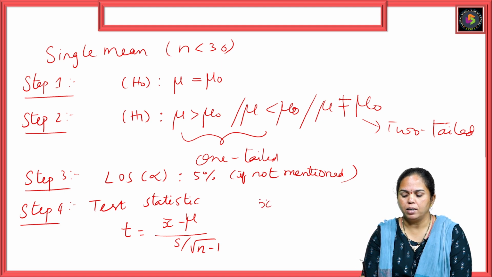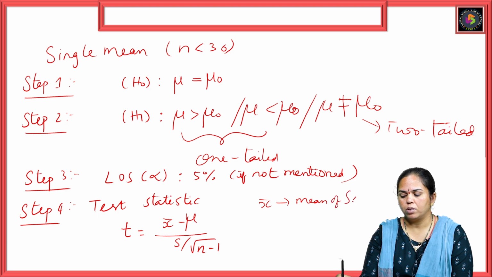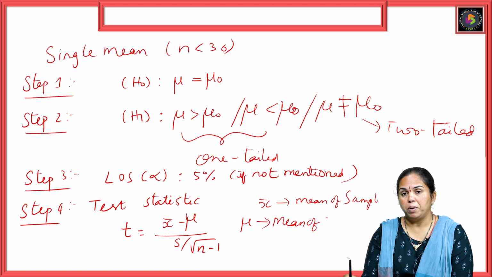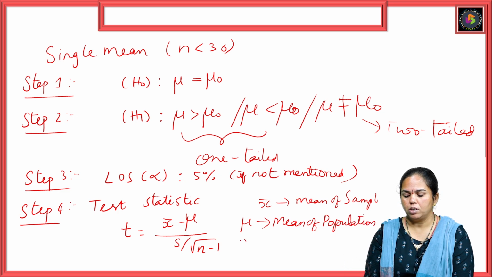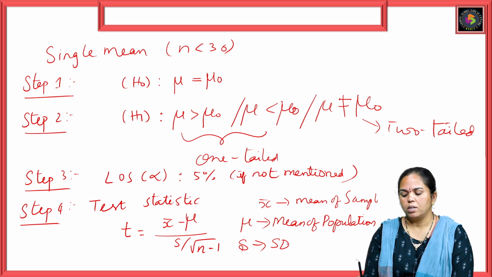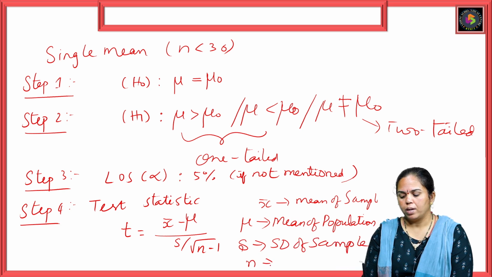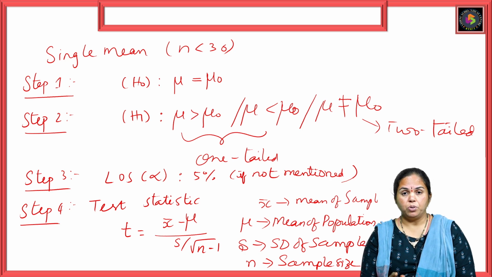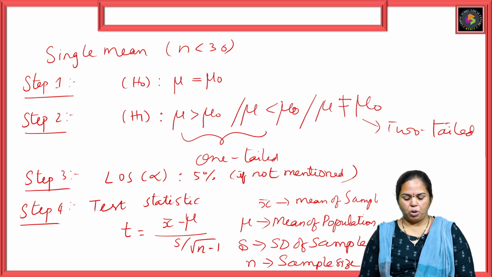Here x bar denotes the mean of the sample, mu denotes the mean of the population, s denotes the standard deviation of the sample, and n denotes the sample size.